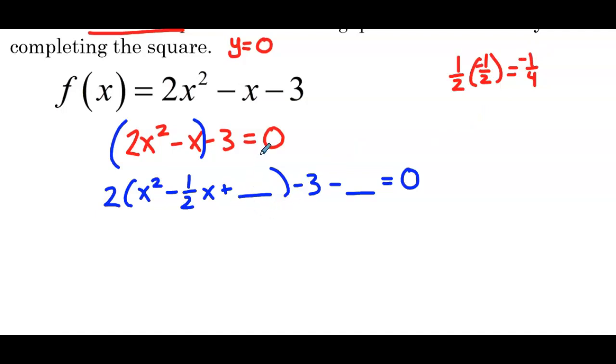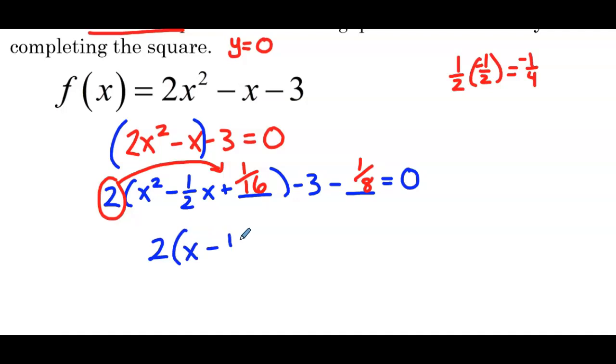So squaring that, we have 1/16. Remember now we have to distribute the 2 in, so we're really adding 1/8, so we're subtracting 1/8 out here. Okay, so this is going to be 2 times x minus 1/4 squared.